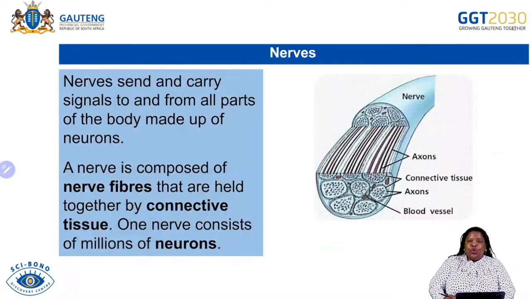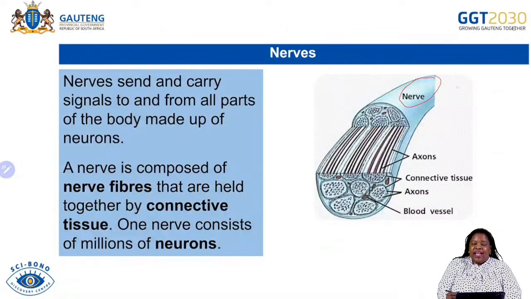Now, if you look at the structure of the nerve, this is the structure of the nerve. Remember, we've said the nerve is made up of millions of neurons. And if you check again, the nerve is composed of nerve fibers that are held together by what? By connective tissues.